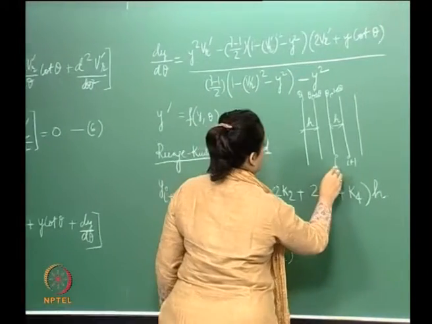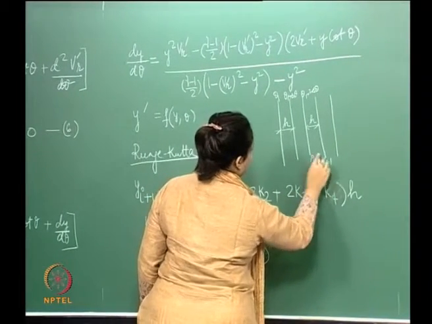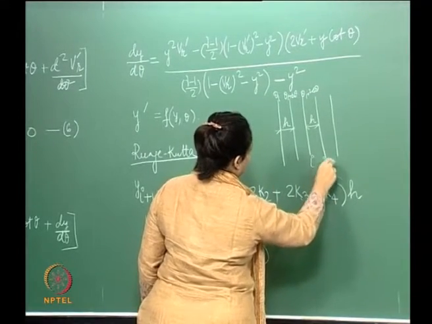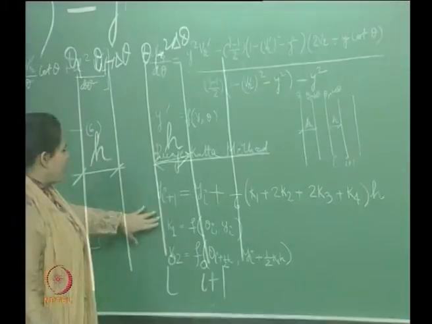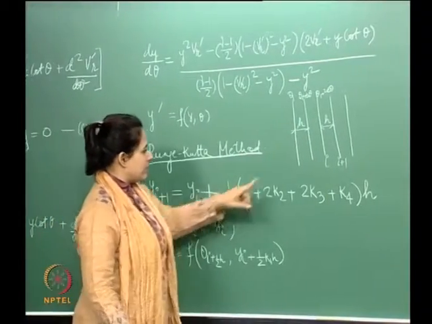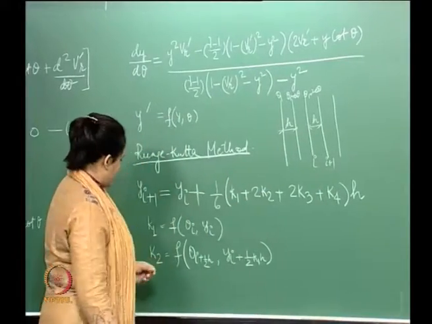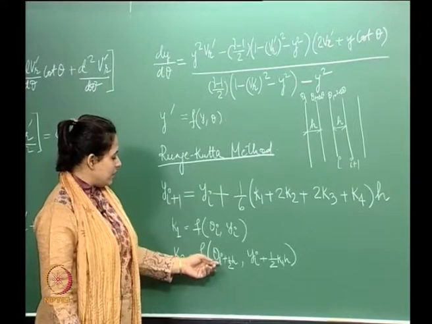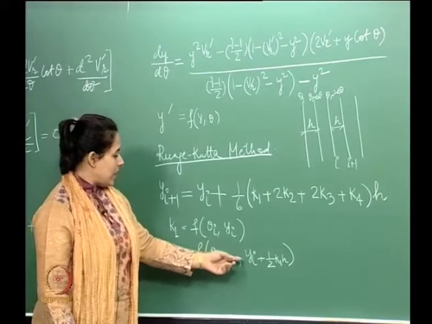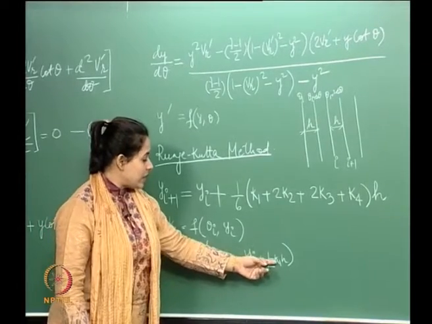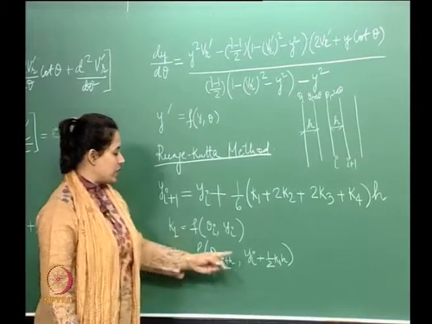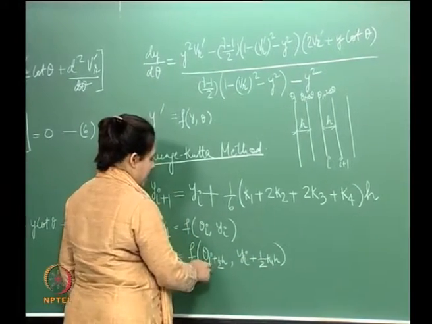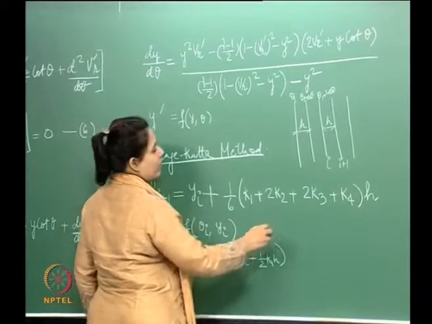So when I am calculating the value of my function at i plus 1, k1 is the function at the location i. Now k2 is the function value at theta_i plus half h, and y_i plus half k1, which I found out here, into h. When I say theta_i plus half h, what do I mean?